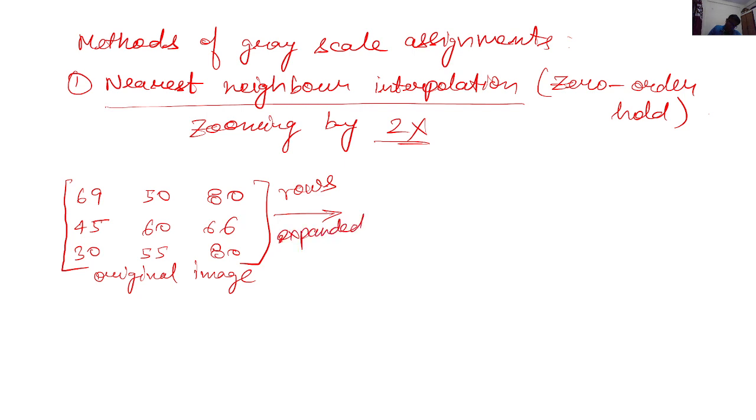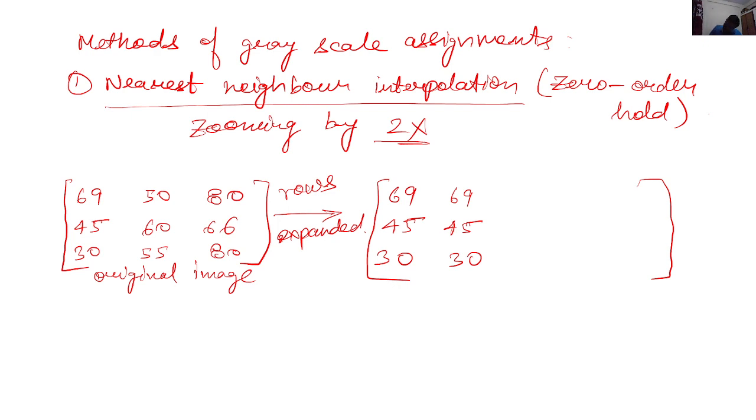Columns expanded in the nearest neighbor algorithm. So 69, 45, 30. The first column will stay as the first column. We will then duplicate it: 69, 45, 30. Then the next column of the original image was 50, 60, 55.